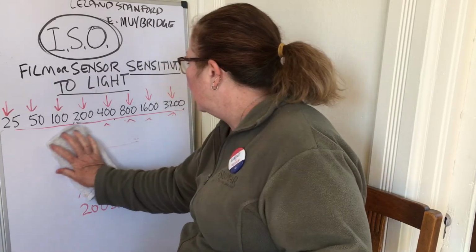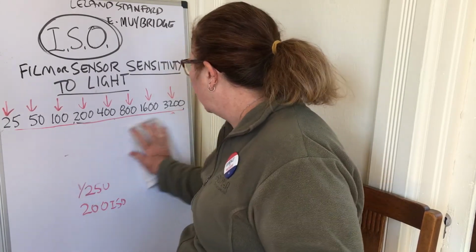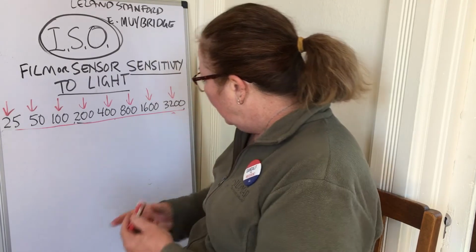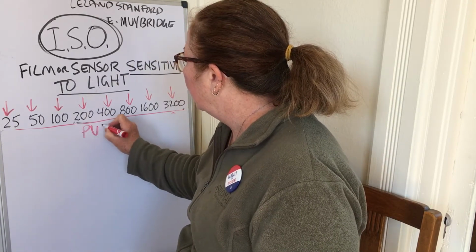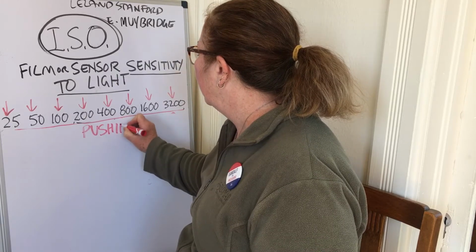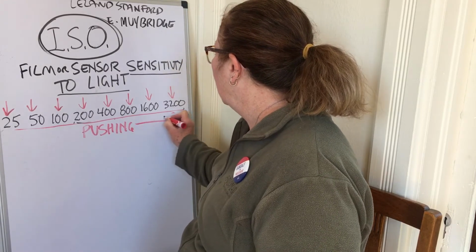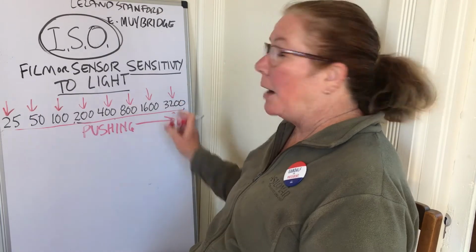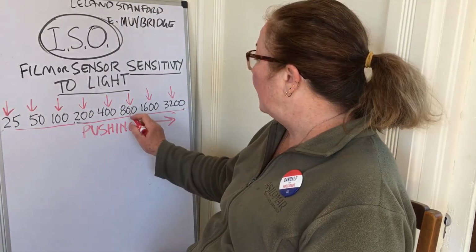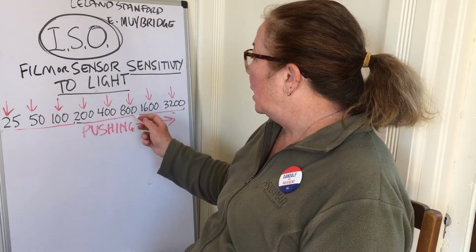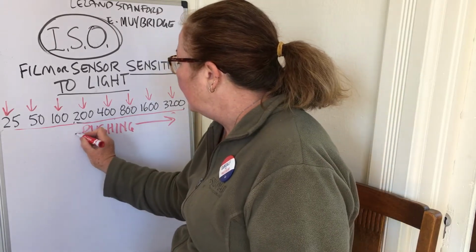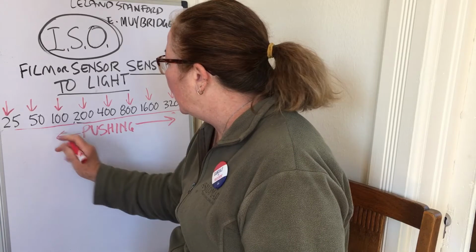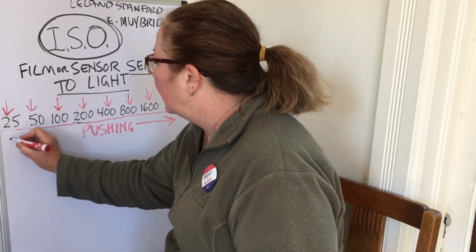When you use your ISO to add extra stops to your exposure, it's called pushing your film. So pushing your film is going this way, to a film that is much more sensitive to light. If you go this way, it's called pulling.